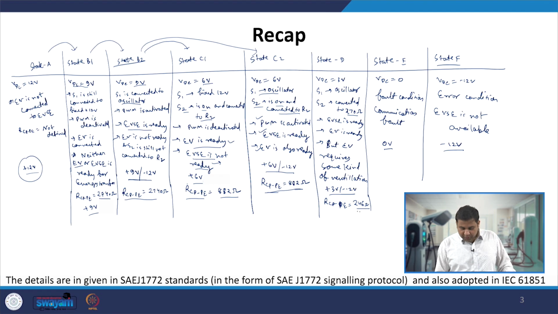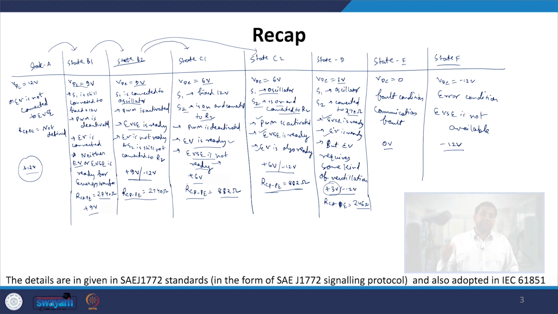And since it is 246 ohm, the positive voltage level of the PWM will be plus 3 volt and negative voltage will still be at minus 12 volt. So, during this time since the PWM is activated, EVSE is ready. Since we have VDC equal to 3 volt, it also indicates that the EV is ready, but EV requires ventilation.